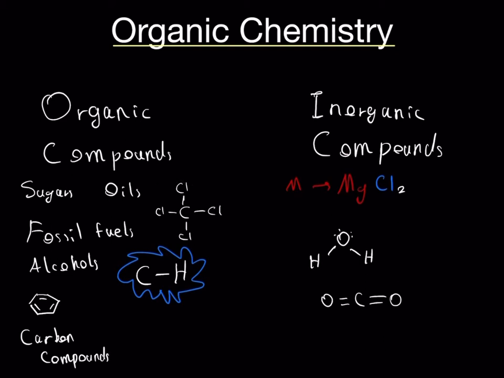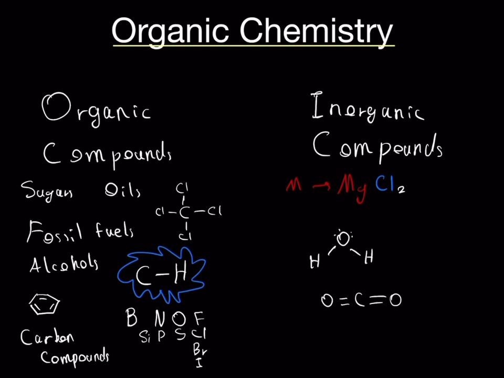Now, some other elements which are going to be in organic chemistry other than carbon and hydrogen are going to be things like boron might be in there, nitrogen, oxygen, the halogens. You're going to have sulfur, probably silicon, and maybe even phosphorus.